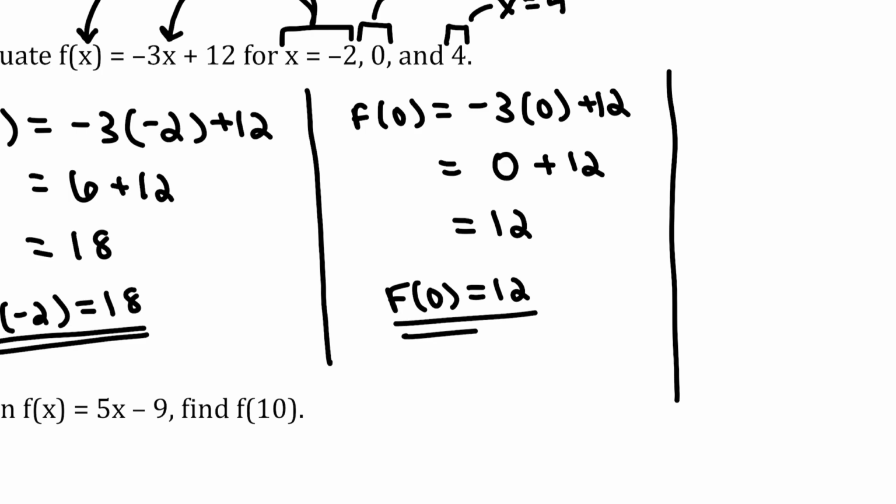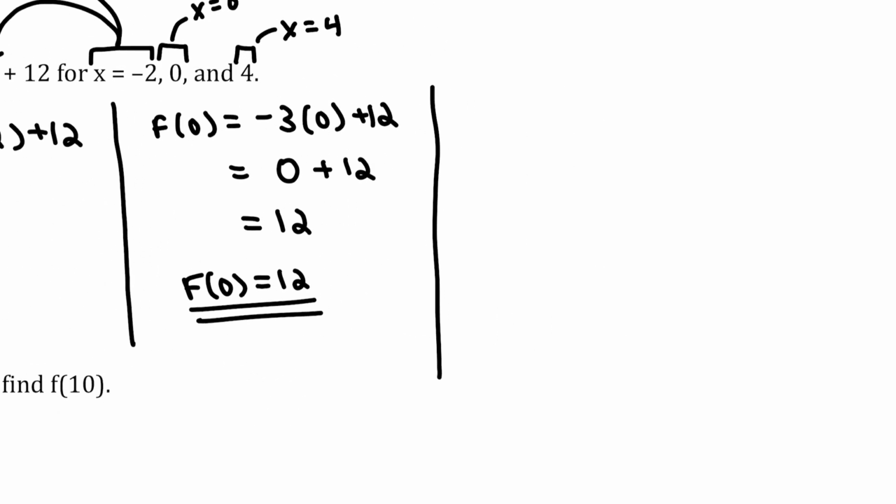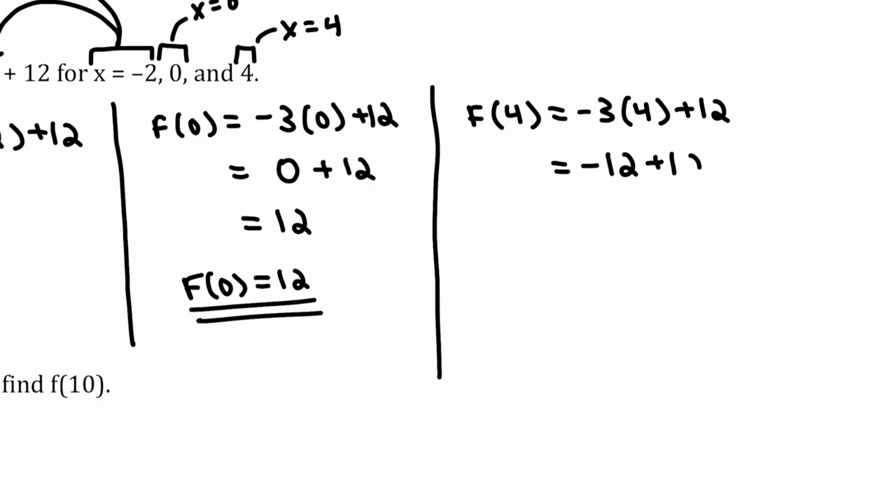So that's our second part. And then our third, hopefully you can see the pattern. We're writing f of 4 now is equal to -3 times 4 plus 12. -3 times 4 is -12. And then we bring down our plus 12 here. Negative 12 plus 12, that's just 0. So f of 4 is equal to 0.